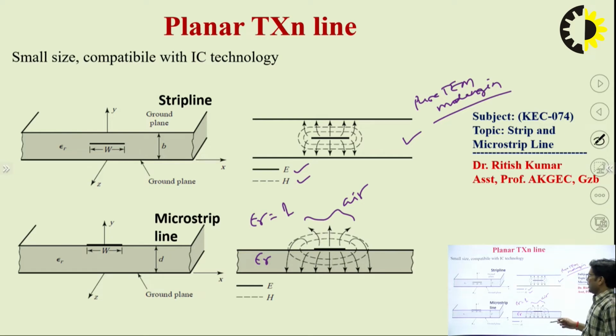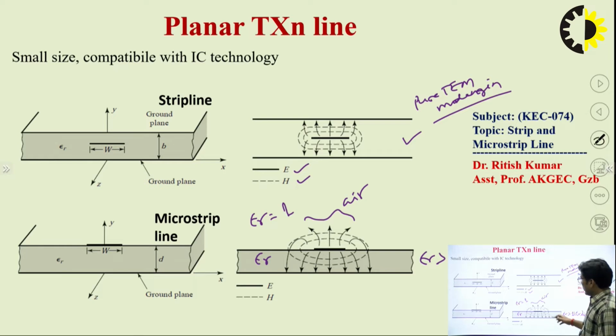Most of the electric field is confined in the high dielectric regions, that's why most of the electric field is confined in the dielectric region, which has relative permittivity more than 1, or we can say epsilon r air.